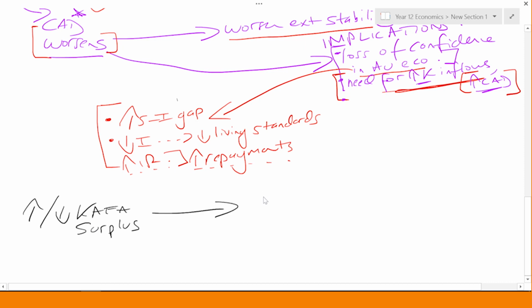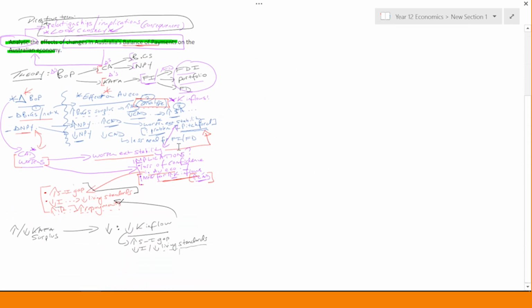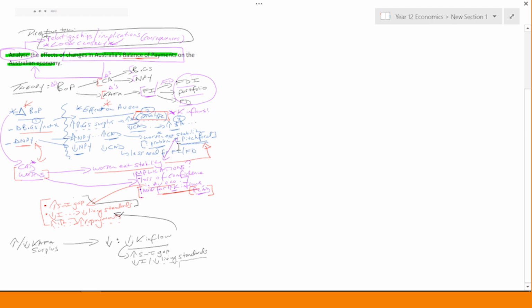If the surplus decreases, that means there is less capital inflow, so the saving investment gap gets larger, and people could experience lower living standards because there is less investment.